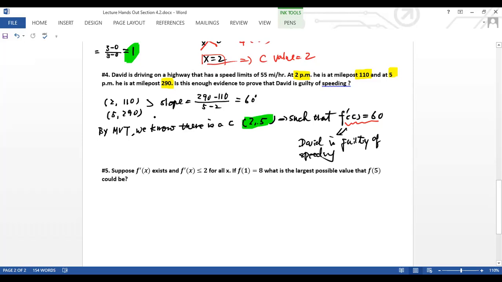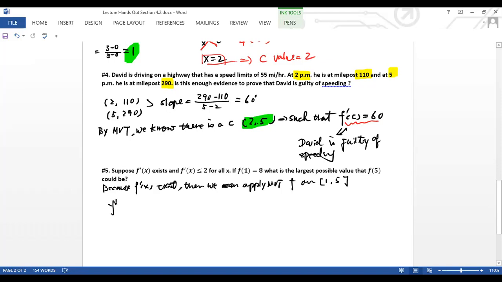Because f prime x exists everywhere, we can apply the mean value theorem of f on this closed interval 1, 5 here, right?